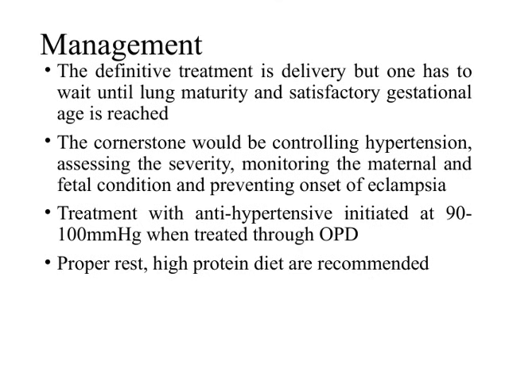When it comes to antihypertensive treatment, we typically start medication when blood pressure reaches around 90 to 100 mmHg, especially if the patient is being treated as an outpatient. The goal is to keep blood pressure under control without causing too much reduction, which could compromise placental blood flow. In addition to medication, proper rest and a high-protein diet are strongly recommended.